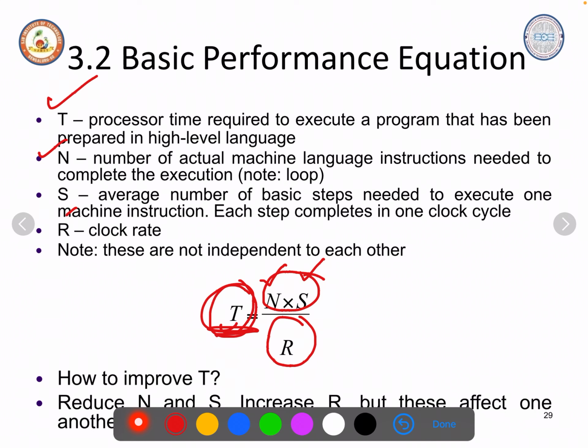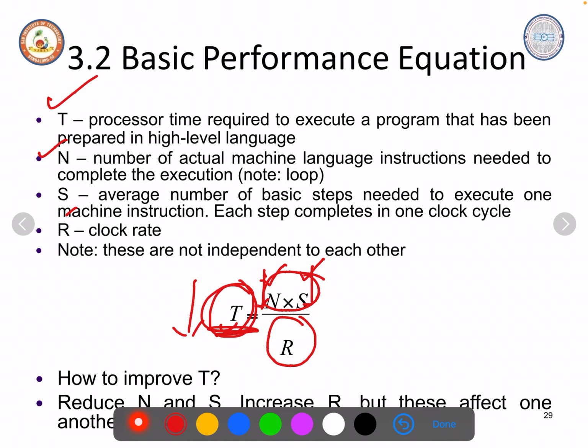If I want to improve that to achieve higher performance, I need to reduce the value of performance, meaning execution time. I need to decrease it. If I want to decrease it, obviously if I reduce the N value and S value, then T value, as it is directly proportional, you can reduce the time required to execute the program.